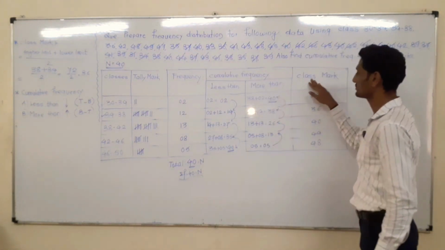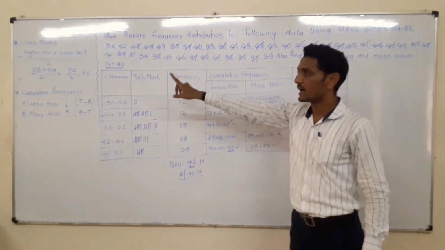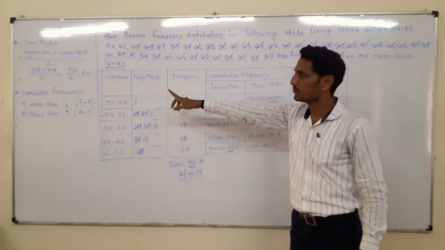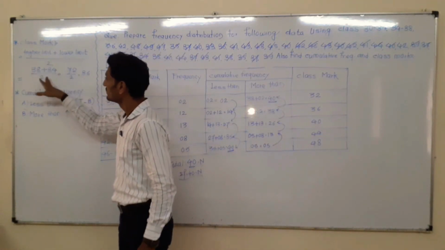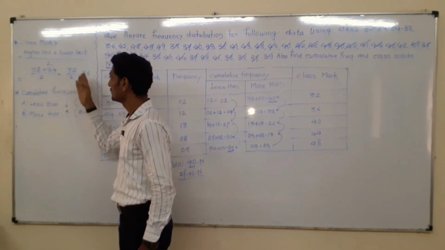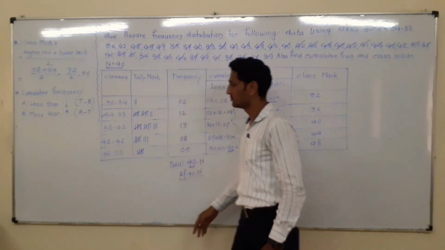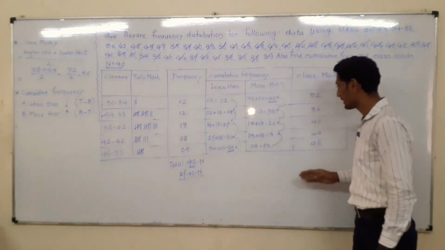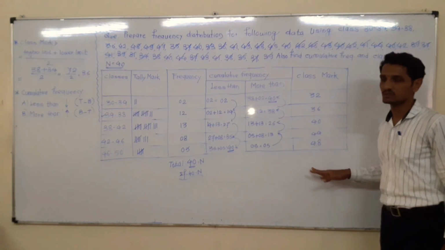Next one is class mark. The formula for class mark is higher limit plus lower limit by 2, and by this addition and division we are going to get the class mark. So this is a very simple question.